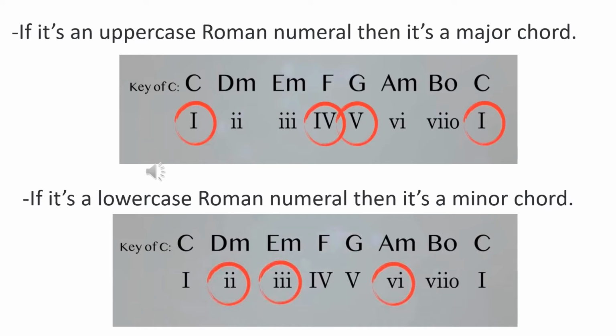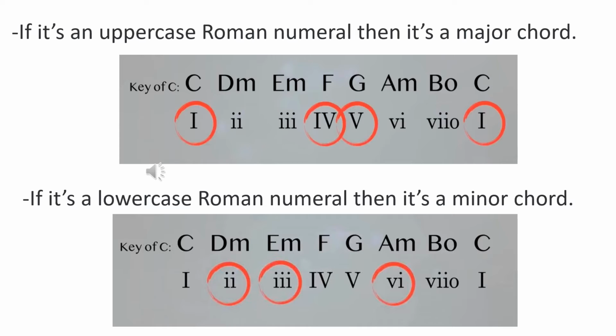If it's an uppercase numeral, then we have a major chord. Like in this example, we have uppercase for 1, 4, 5, and back to 1. So we have C major, F major, G major, and C major.